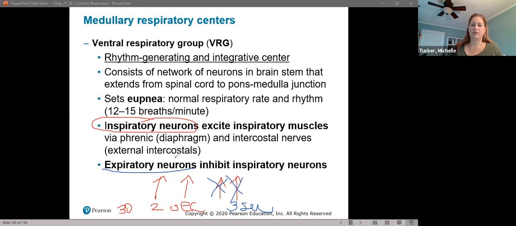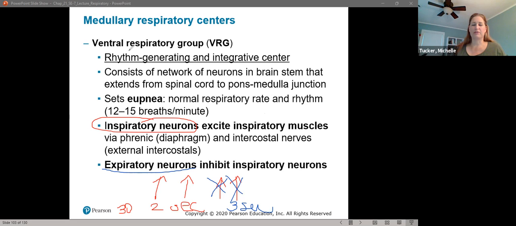And then these inspiratory neurons are inhibited by expiratory neurons that are going to allow for a 3-second exhale period. So we have inspiratory neurons setting action potentials for 2 seconds, expiratory neurons inhibiting the inspiratory neurons so that we can exhale, expire air for about 3 seconds.